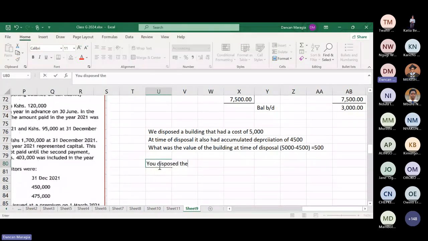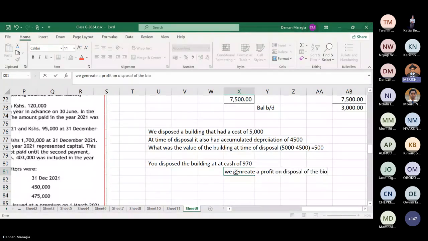So we generated a profit on disposal of the building of how much? 470, which is the 970 minus the 500.